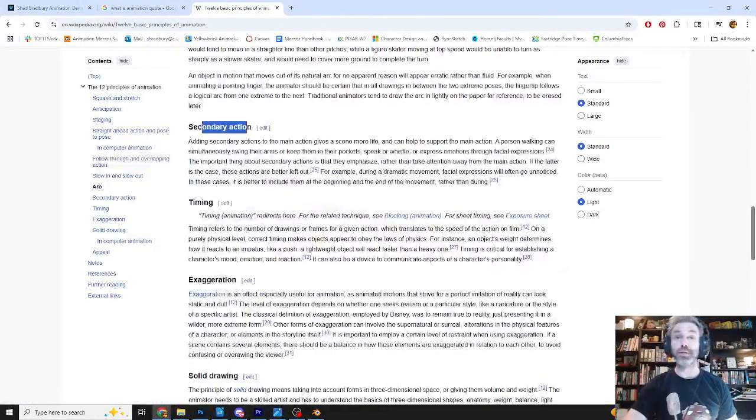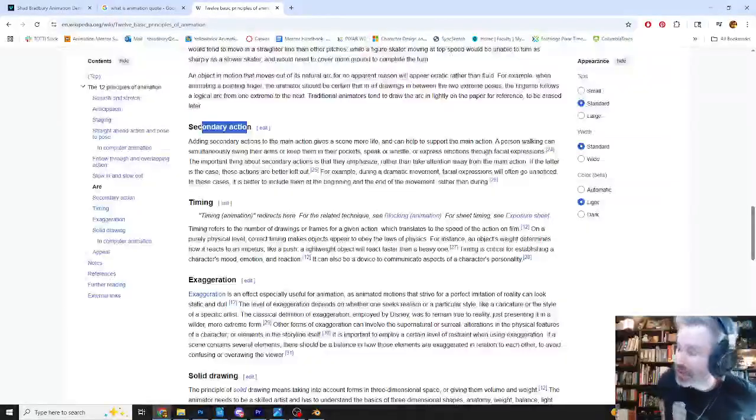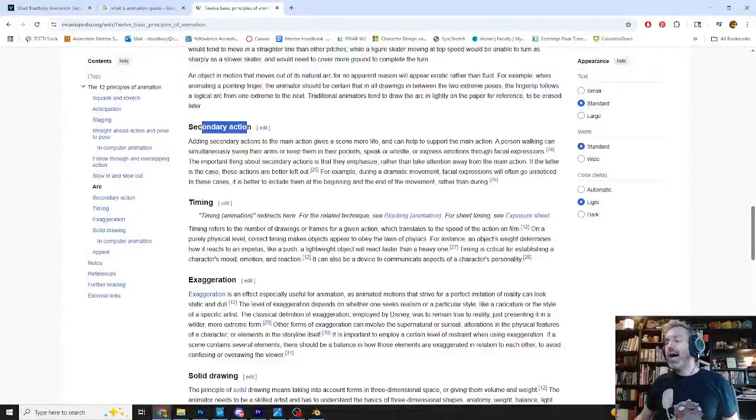Secondary action. Secondary action is often confused with overlapping action. People often say add some secondary action, and what they actually wanted was overlapping action or follow through. That is not what secondary action is. Let's say that I'm walking, and then I decide while I'm walking that I'm going to take off my headphones.